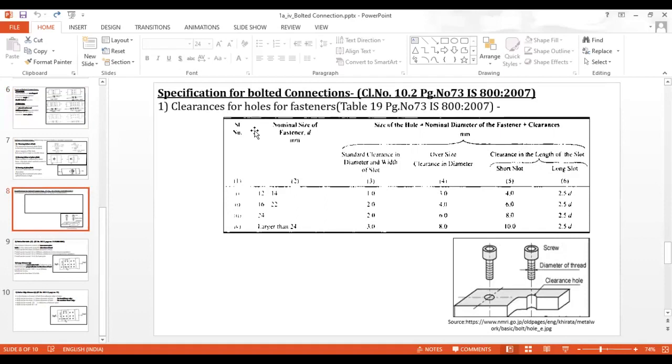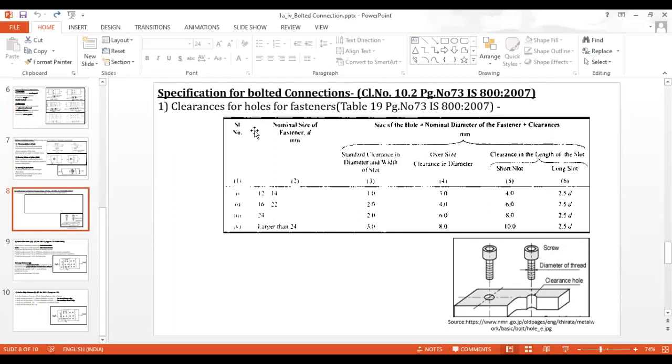Specification of the bolted connection. From Table number 19, page number 73 of IS 800/2007, we get an idea regarding the clearance of the bolt for the fasteners. Here in the table, there are several columns. The first one is the serial number. The second gives us the nominal size of the fastener, that is the diameter of the bolt.